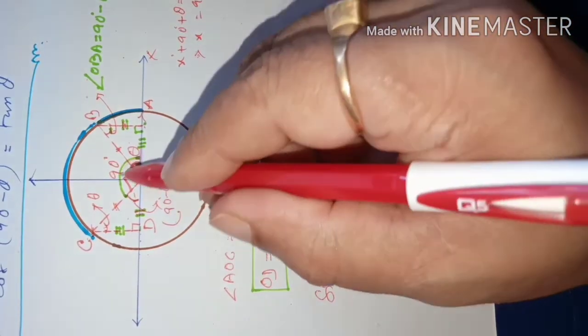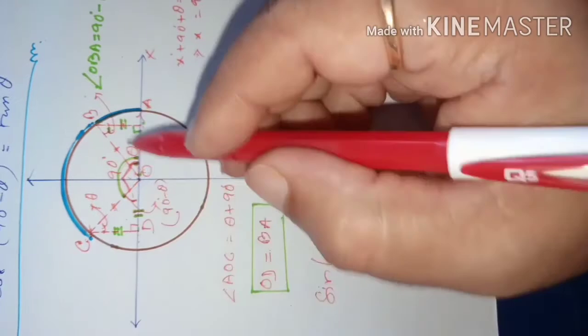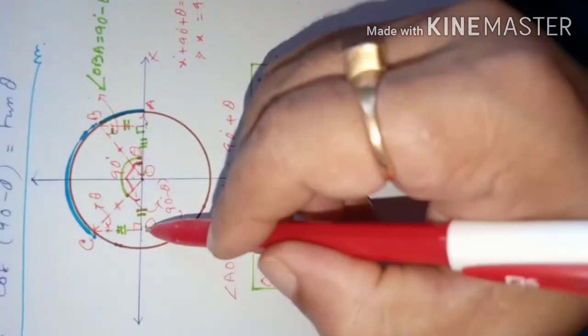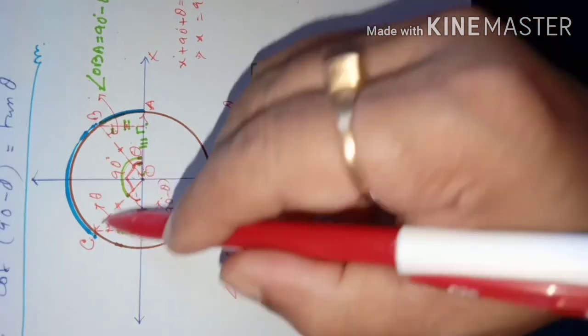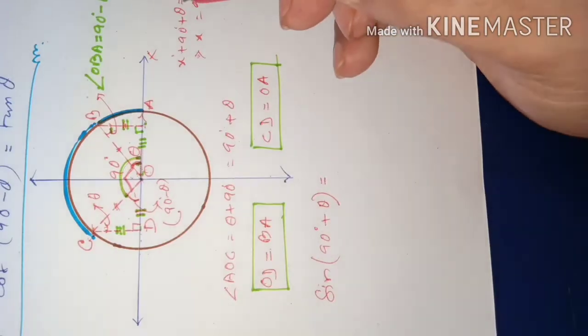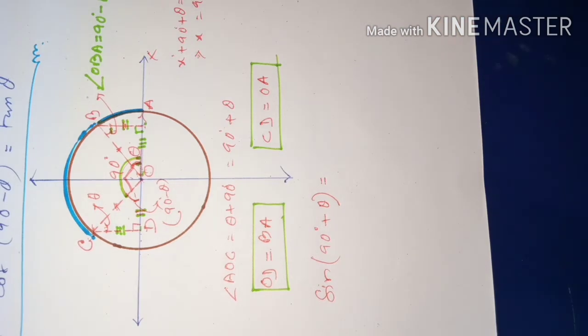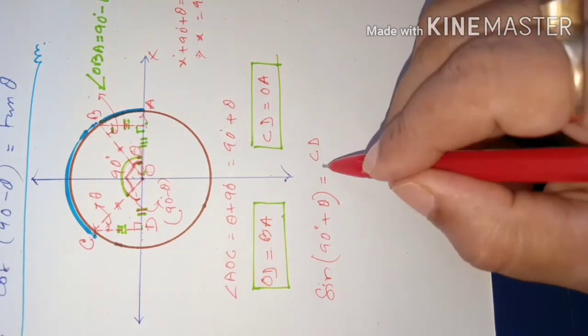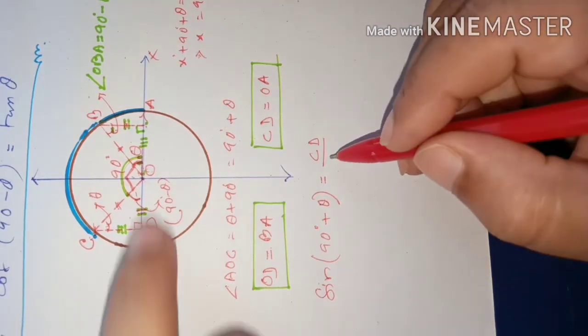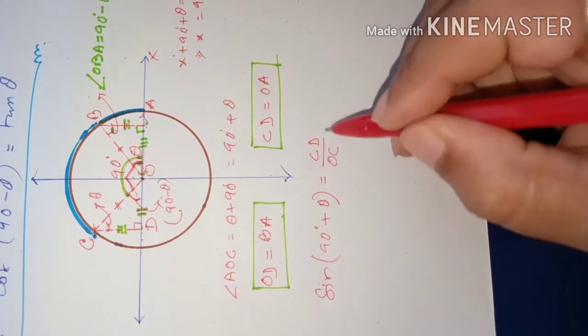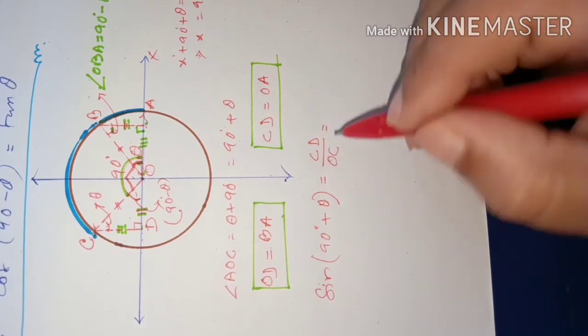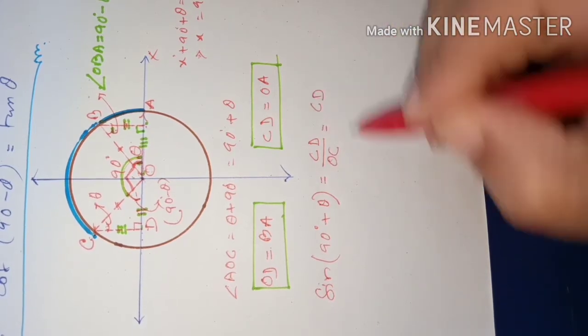For this angle, the perpendicular is this one, CD, and the hypotenuse is OC. So CD by OC. As you know, OC is 1, so CD only.